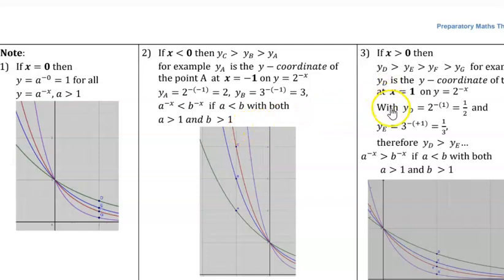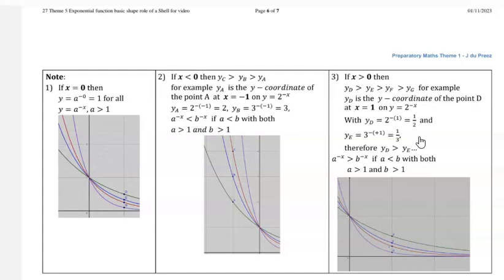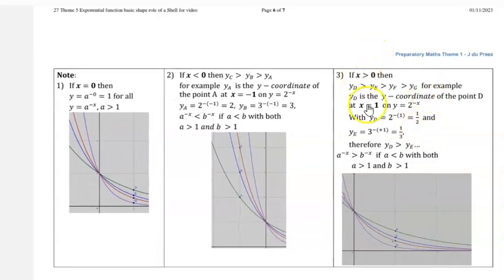And when x is greater than 0, then the larger the a value is, the lower the graph will go. Or just calculate the values at -1, 0 and +1 and then make the dots and draw the graphs according to that, relative to the mother graph. In this case I've used 2 to the x as a mother graph.